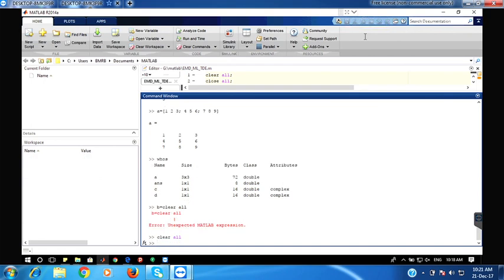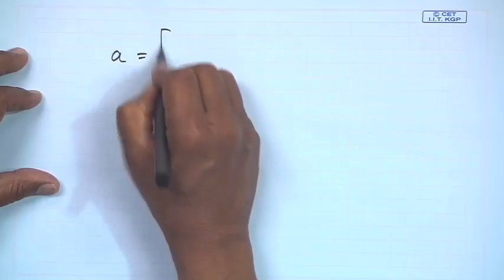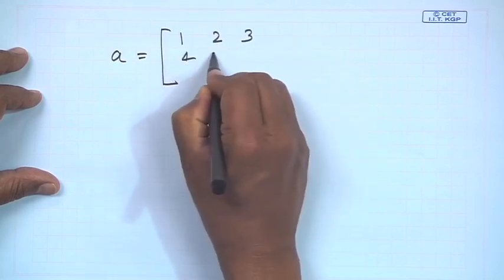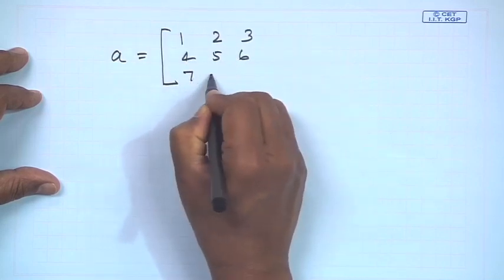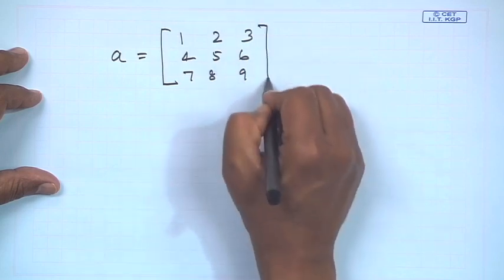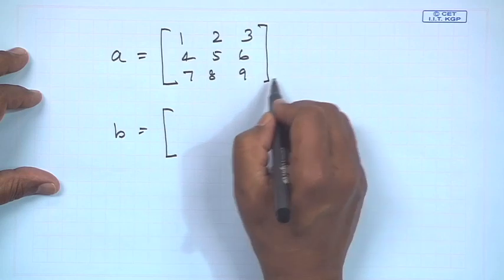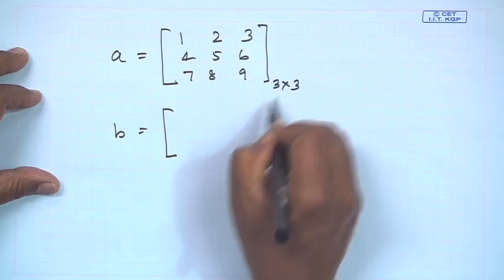So my matrix A is a matrix 1, 2, 3, 4, 5, 6, 7, 8, 9, and this is 3 by 3.